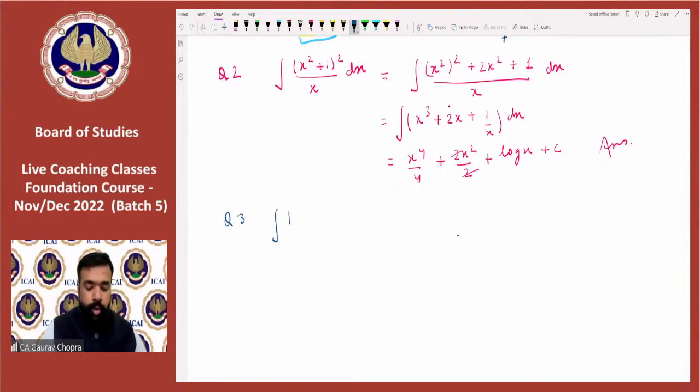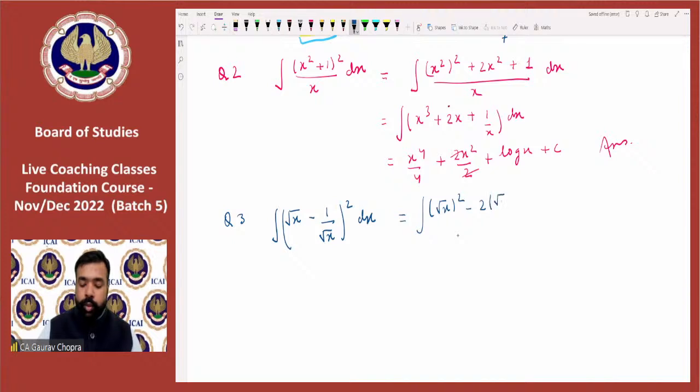Integral of root x minus 1 upon root x whole square dx. So here also we are having the whole square. So apply the formula a square minus 2ab plus b square.